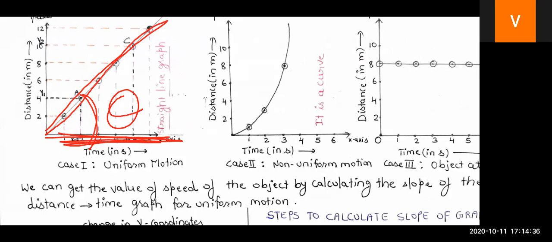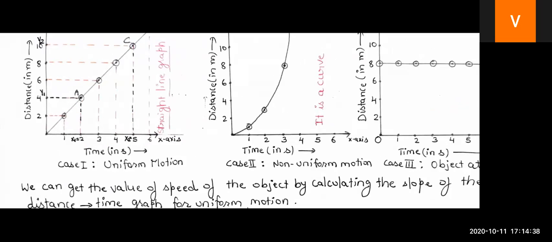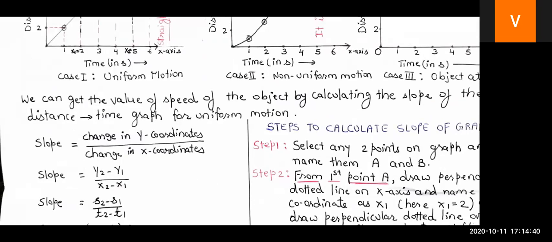So children, slope is defined as change in y coordinate upon change in x coordinate, right? This is your slope. Now, I'll help you how to find out the slope.